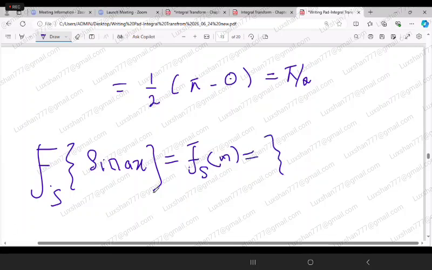Here are two solutions. One is pi by 2 if a equals n, and 0 otherwise. Do you understand this?